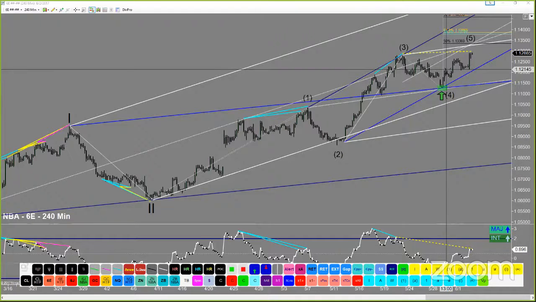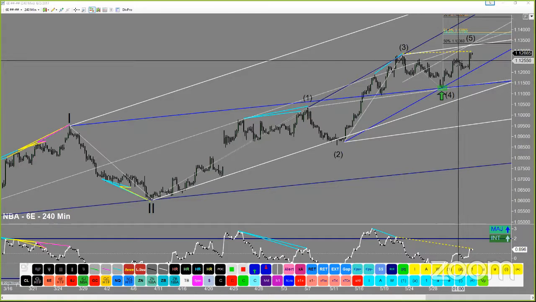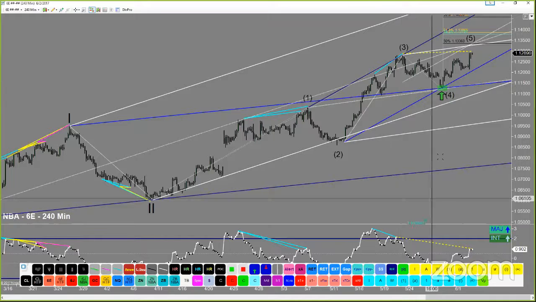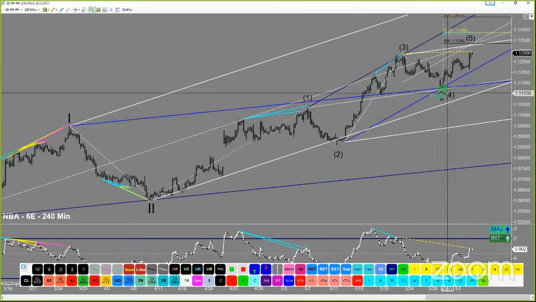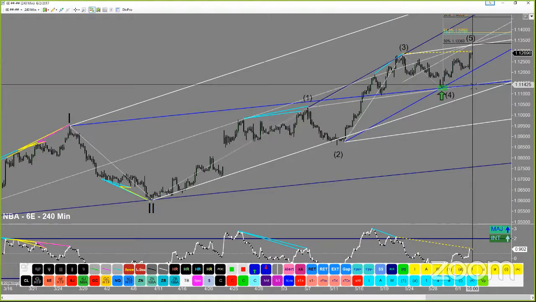He might have taken a couple off here, and then he took another one off here. So he got a really awesome move out of this. On that last contract, I think he was close to 250 ticks.